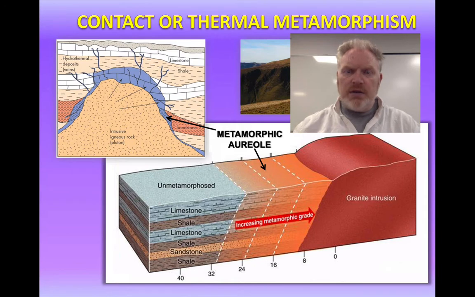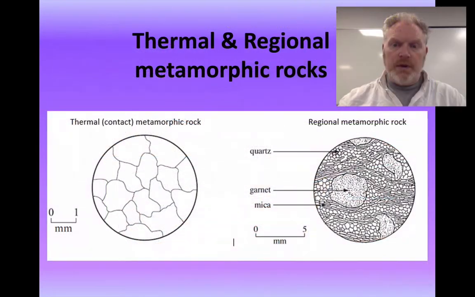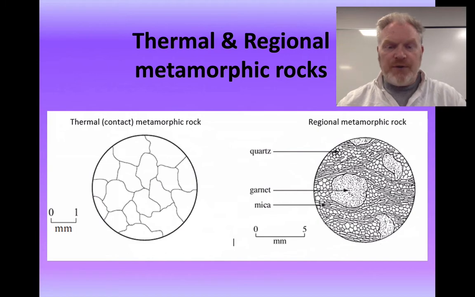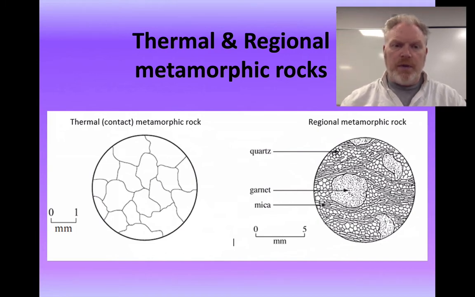Now we can tell what type of metamorphism from the rocks that are formed. At the bottom of page 5 here, I've given you two diagrams of the two different types of metamorphic rock. On the left there we have a metamorphic rock that's formed by thermal or contact metamorphism.